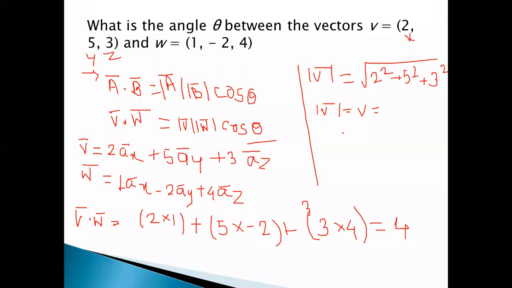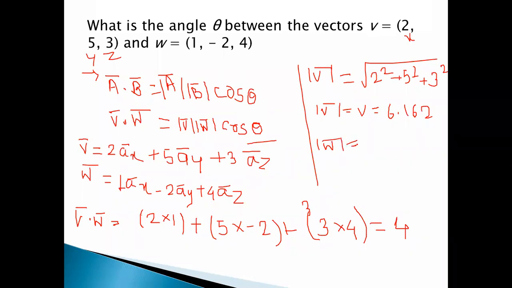So what is mod of V bar? The value is 6.164. Then what is mod of W bar?